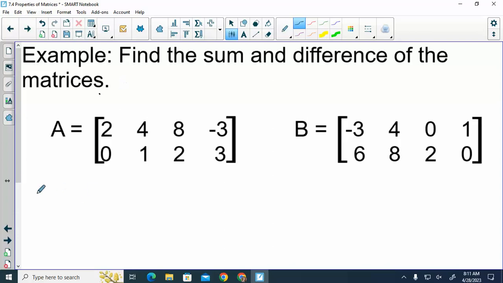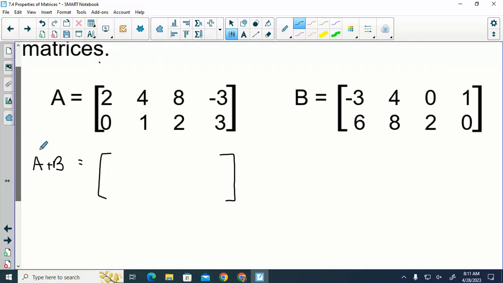So if I ask you to find A plus B, and I didn't tell you how to do that, what do you think you would do? Add the corresponding numbers. So 2 plus negative 3 is negative 1. 4 plus 4 is 8. 8 plus 0 is 8.